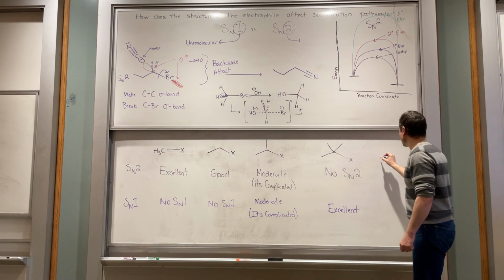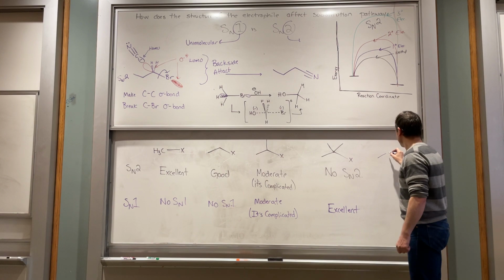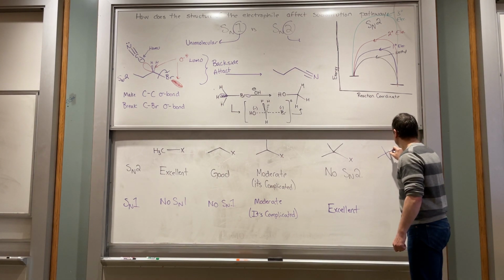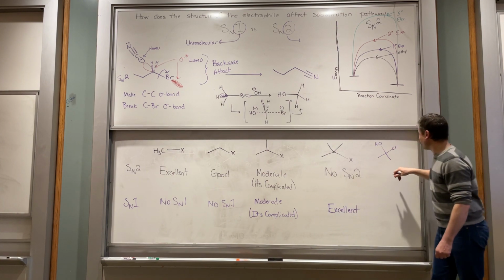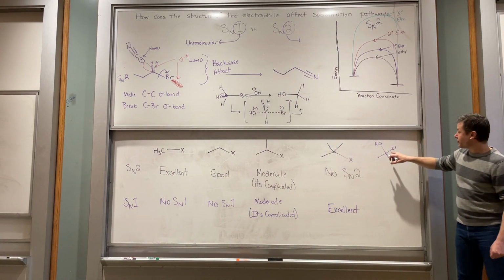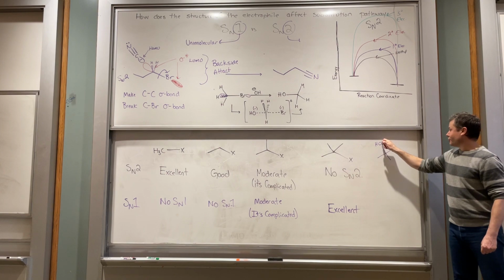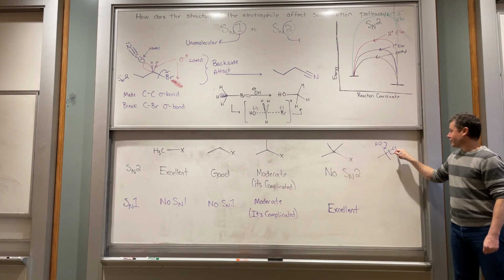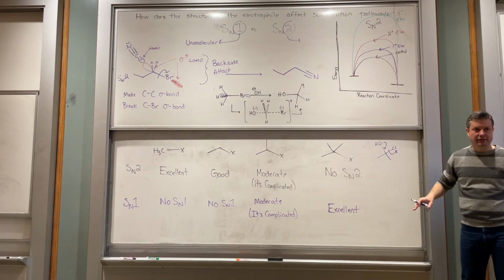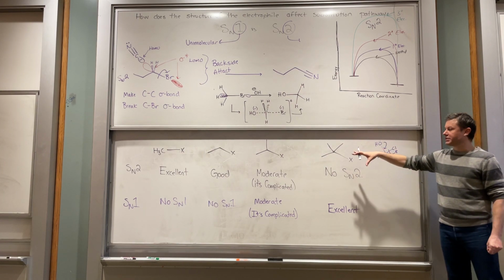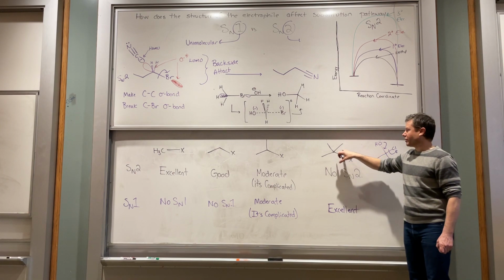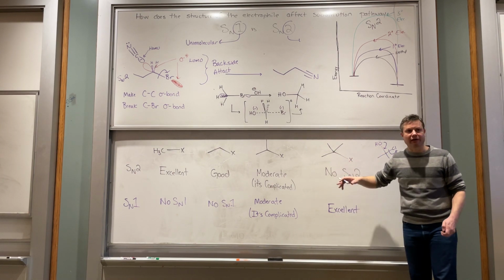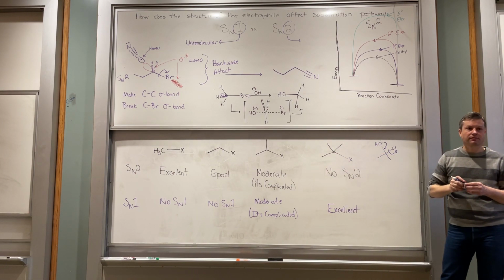Particularly if we had something like this, this is not very stable because the oxygen electrons will fall down and will kick out the chloride. And so when we're talking about primary, secondary, tertiary, we're really referring to the number of carbons versus the number of hydrogens around that center. Makes sense. Other questions?